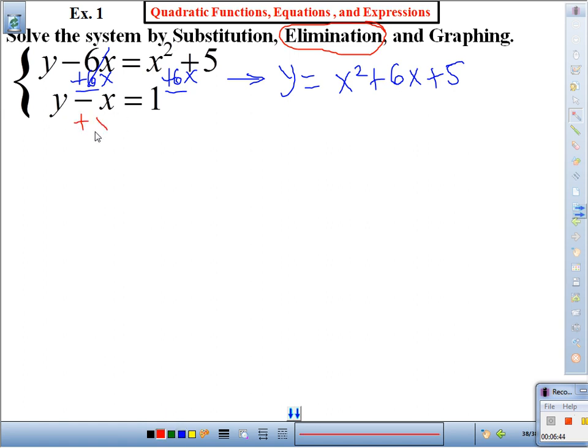No, I add x to each side. So my new equation is y equals x plus 1. Now, do they have the same form? Yes, they're both in y form. However, it's called elimination because the very first step, we need to eliminate one of the variables. Would it be possible for me to eliminate the x?